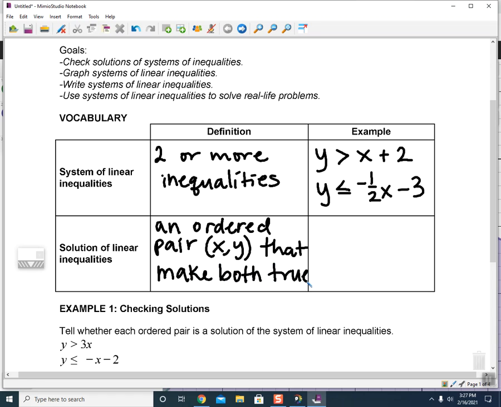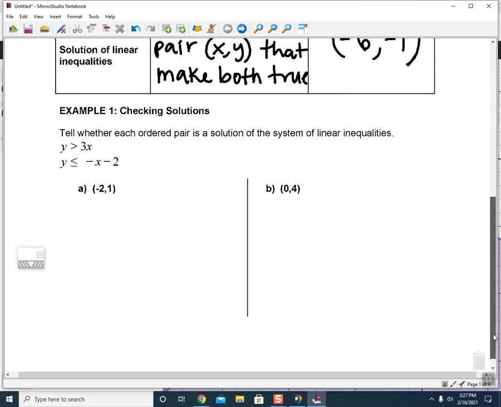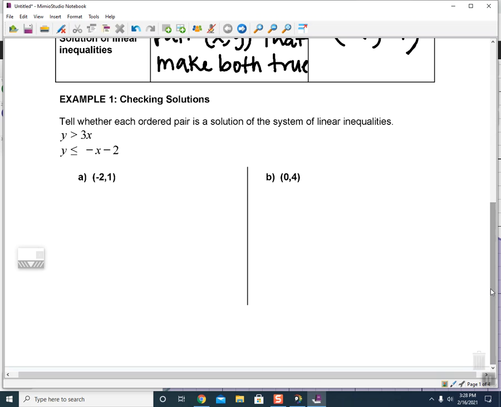So I listed off several that would work, but one that I remember is negative 6, negative 1. Right? That is a solution. It's not the only one, right? It's just one of my solutions to that system of inequalities. Okay, so my solutions to systems of inequalities are written as an ordered pair, x, y.